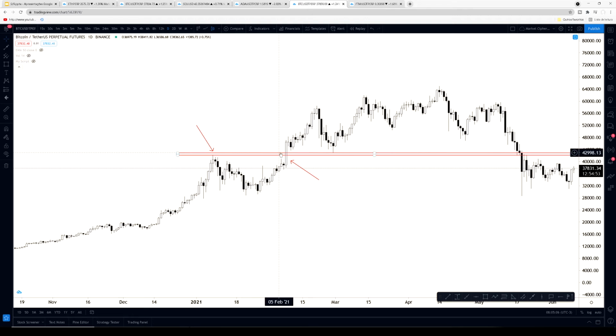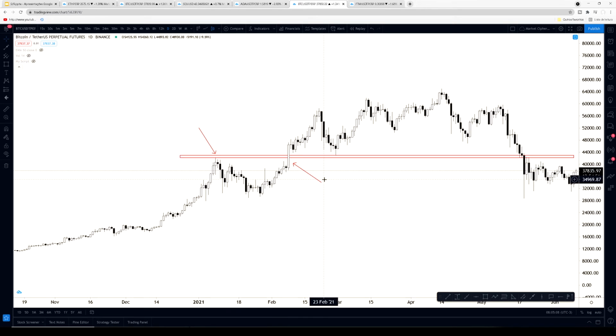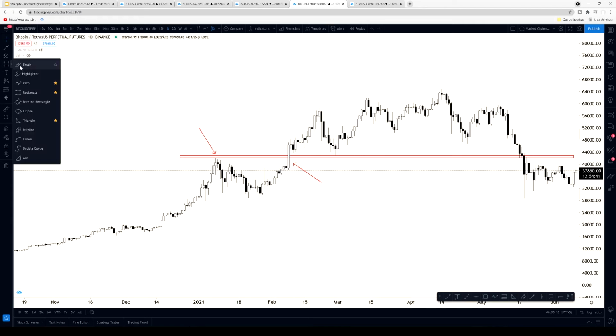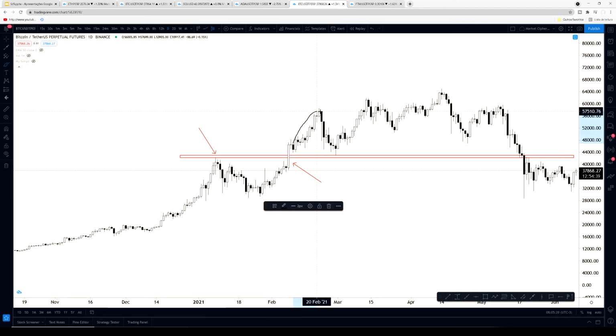And as you see, after we broke this level, we didn't retest it right away. We spent all this time in this area until we finally came back. And as you guys can see, this previous level that was acting as resistance in the past actually turned into support right here, and we bounced from this support and went all the way back up again.